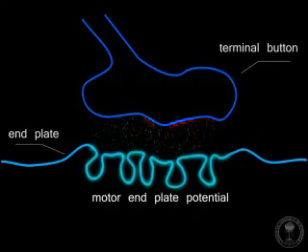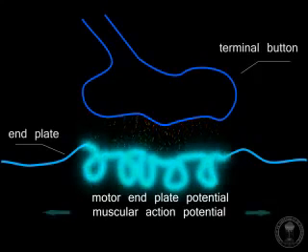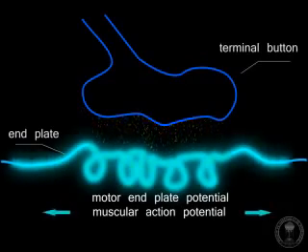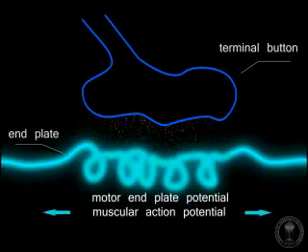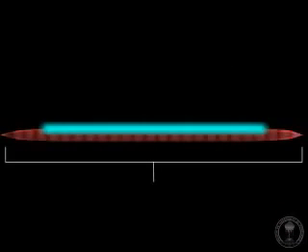Depending on the number of activated receptors, that potential may exceed a threshold and trigger a muscle action potential, which will broadcast to the entire muscle membrane and cause a contraction of the muscle fiber.